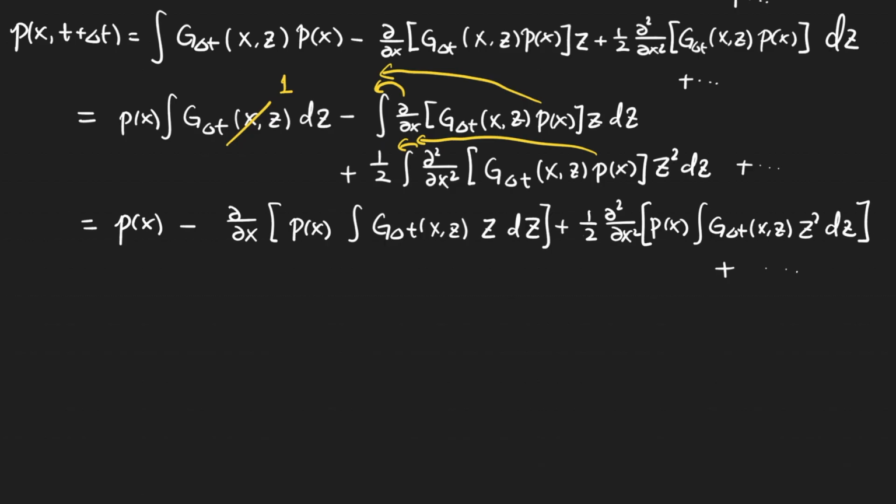Okay, so now if we look at this integral here, what is this? This is just the moment of the jump size z. So this is just the expectation of z under the transition distribution. For the next one, we'll have the second moment. We'll just have the first and second moment for z under the transition probability.